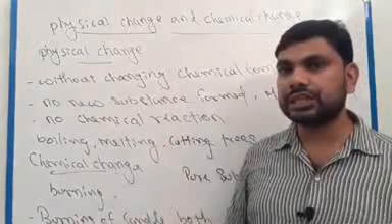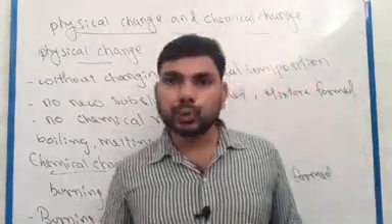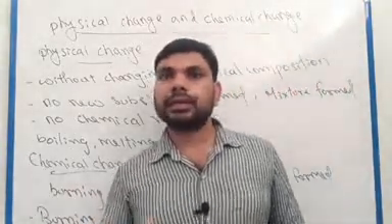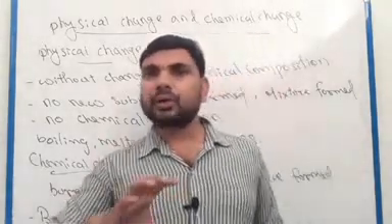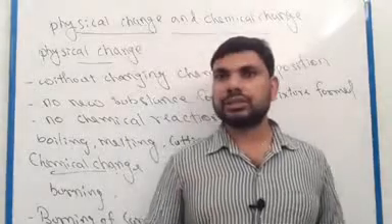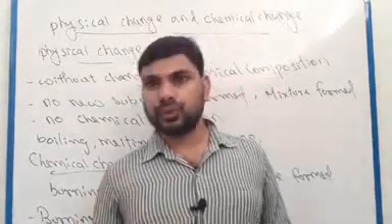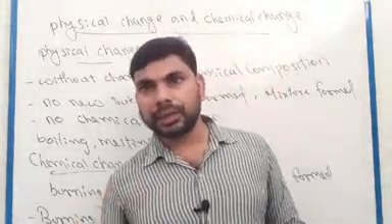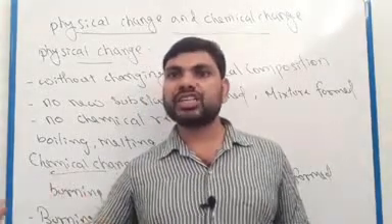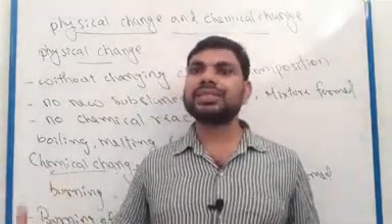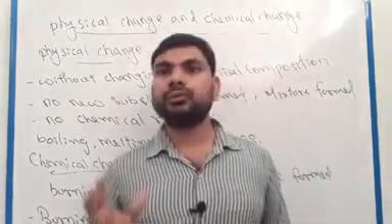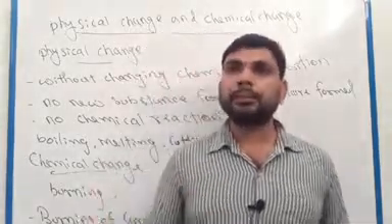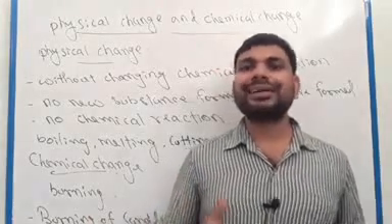Chemical change means a new substance is formed. Also, after a chemical reaction, the chemical composition will be changed. For example, burning of wood. Wood after burning changes to ash and other new substances are formed, so it is chemical change. Burning of wood, burning of paper, burning of fuels are all examples of chemical change.